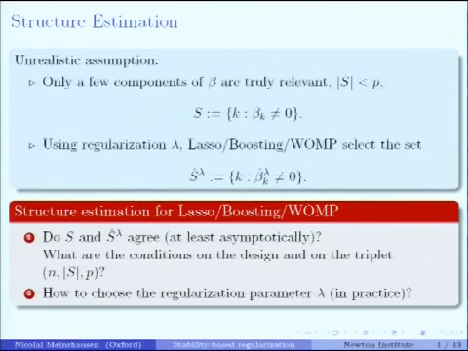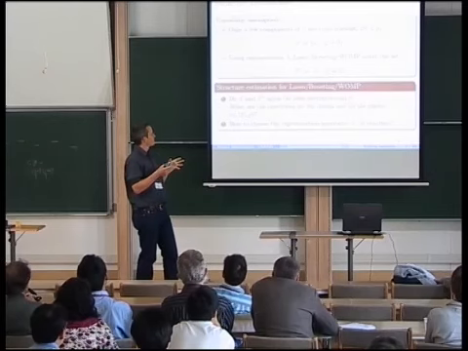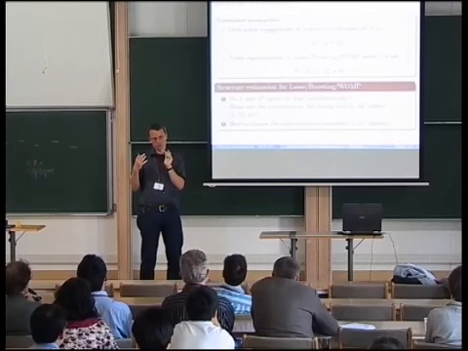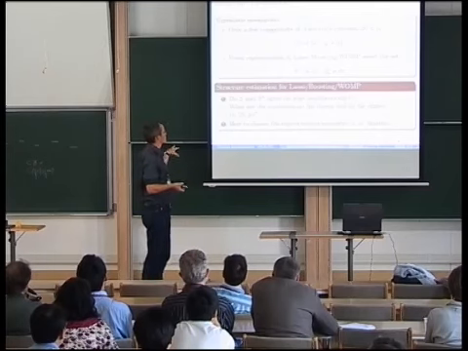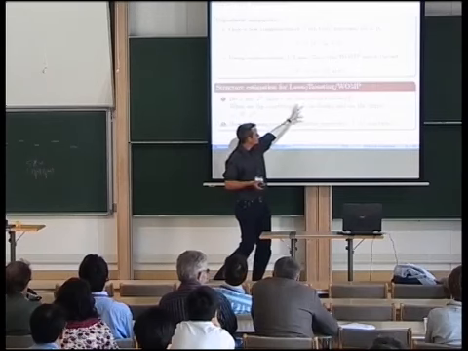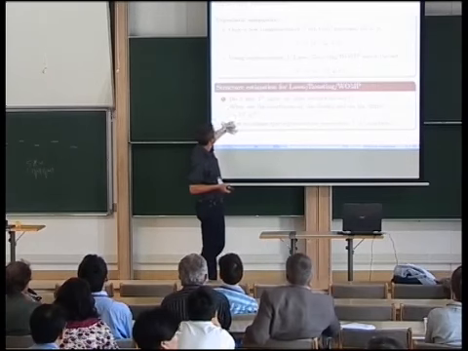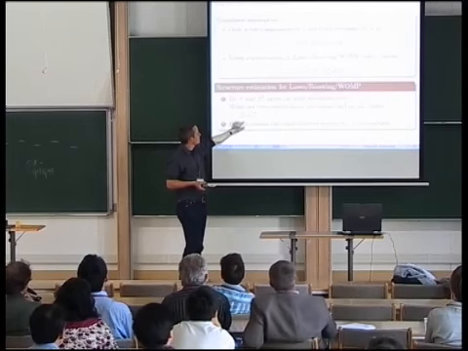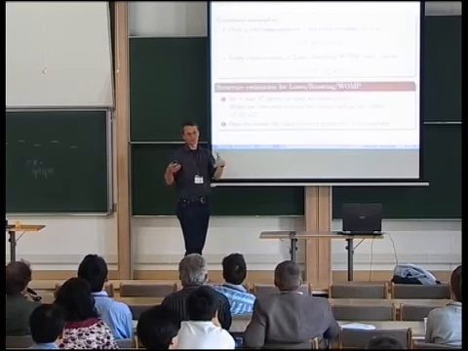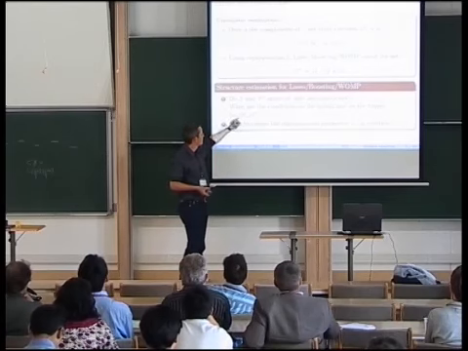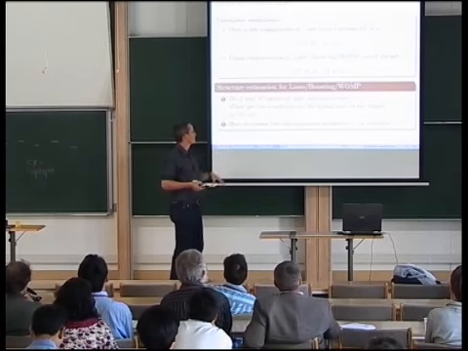The question is, can you make those two sets agree in some sense, so that the probability that you select the right set converges to 1, for example, if you have a large sample size? And what kind of conditions do you need for that to happen? What are the conditions, for example, on the design X and on the triplet N, the sample size, S, how many truly effective variables you have, and P, the total number of variables?